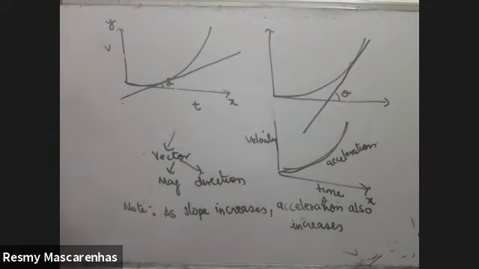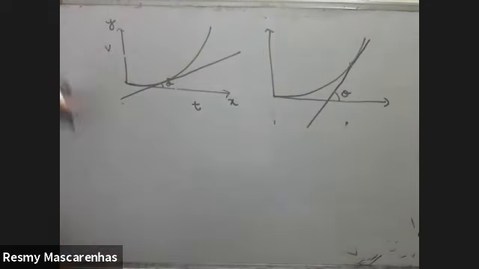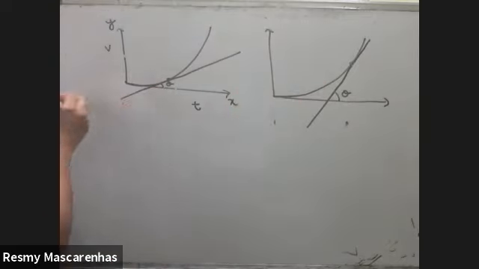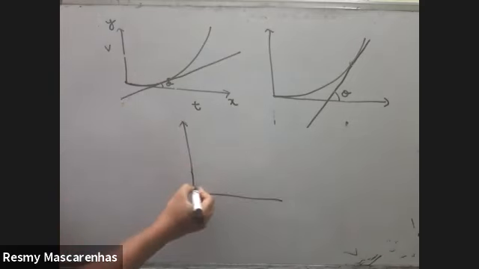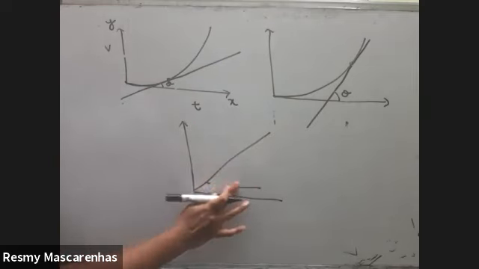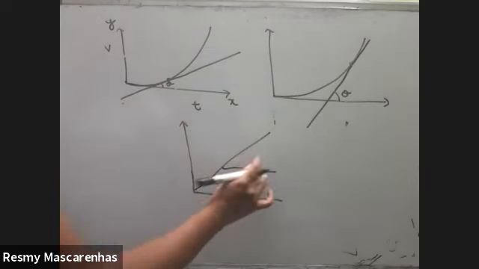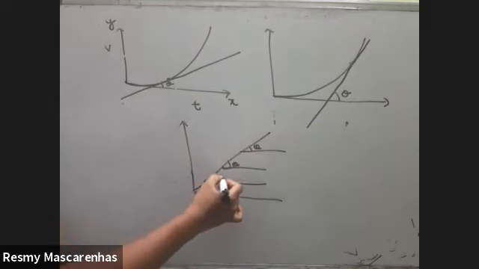Suppose it's constant. Just see here, the angle is also changing, no? Here you see. At any point you go to check, at this point, if I try to draw a tangent, everywhere theta will remain the same.